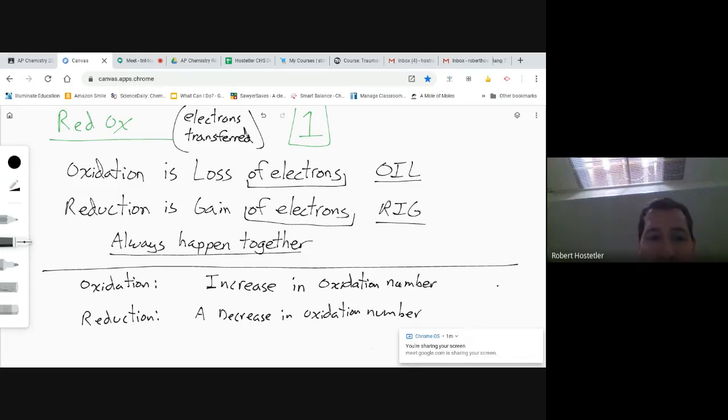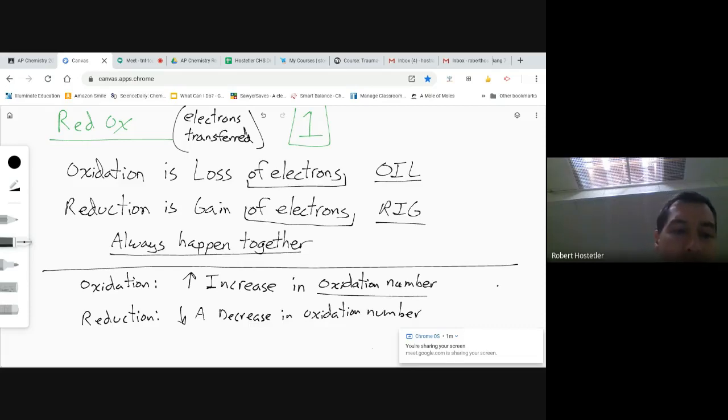Most of the time when we track things, we just look at the oxidation number, but you don't want to mix those two. With oxidation number, oxidation is just when the oxidation number goes up. Pretty straightforward. And reduction is when the oxidation number gets smaller or goes down. But in this OIL RIG thing, you have to remember that's about gaining and losing electrons.